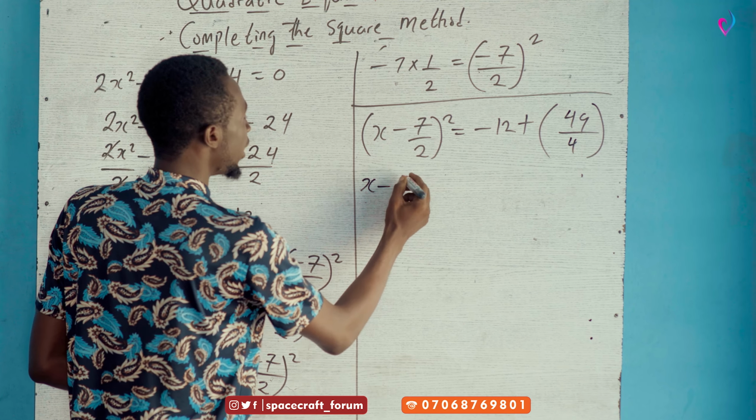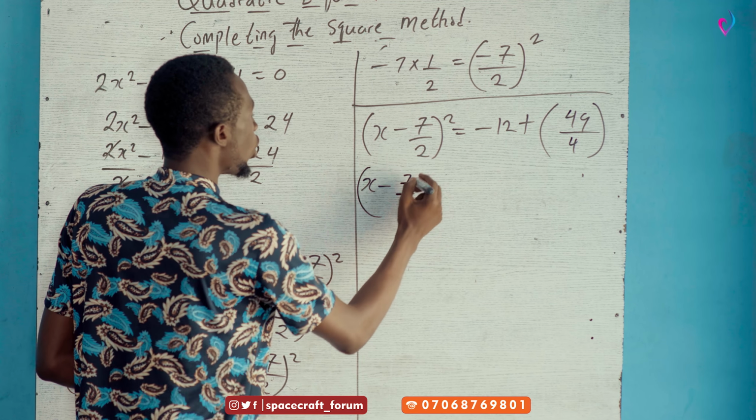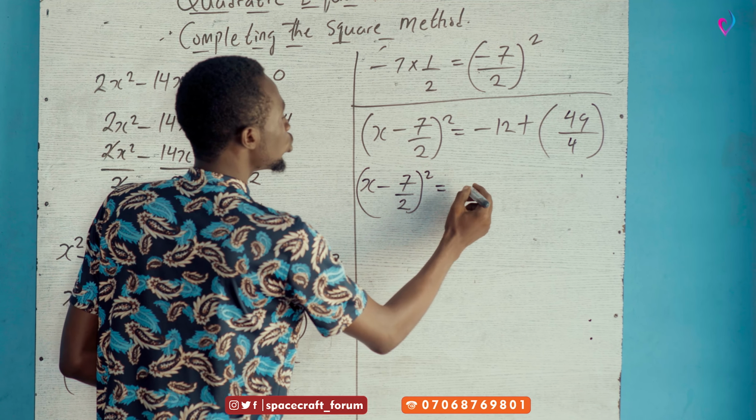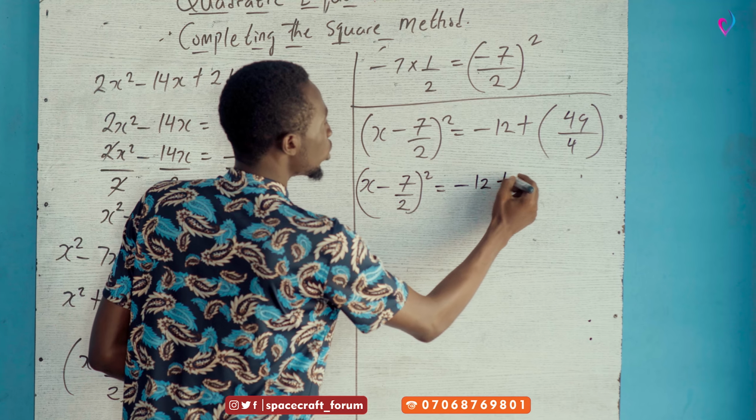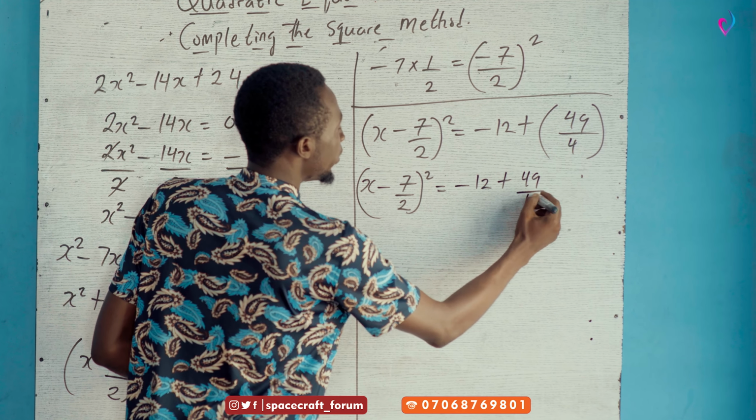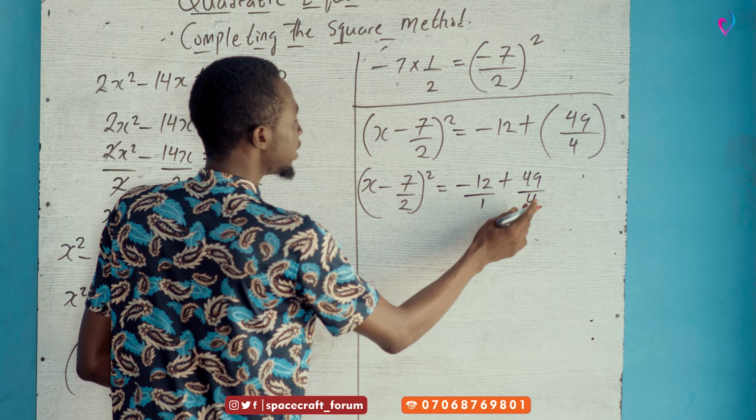Therefore, we have x minus 7 divided by 2 all squared is equal to minus 12 plus 49 divided by 4.